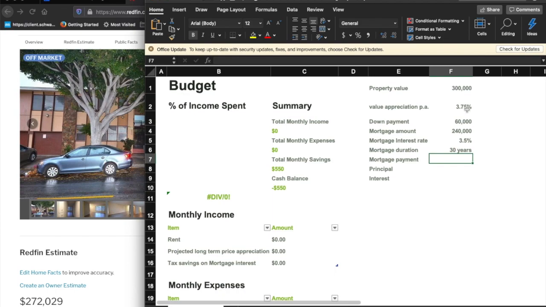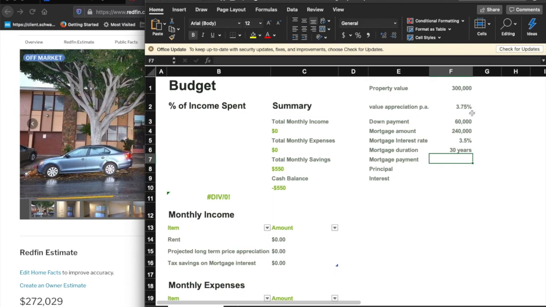The transaction costs with buying and selling properties are so high that you should not buy a property if you're planning to sell it again in a year or two, or if you might need the money in a year or two. You need to plan to keep the property at least, I would say, more than 5 years, ideally 10 years plus.